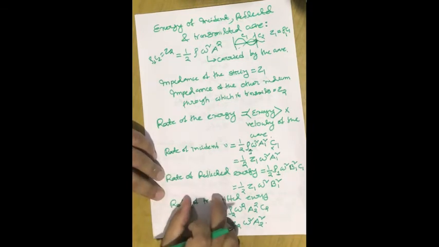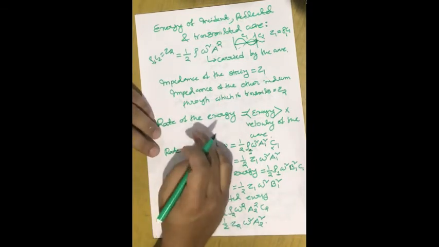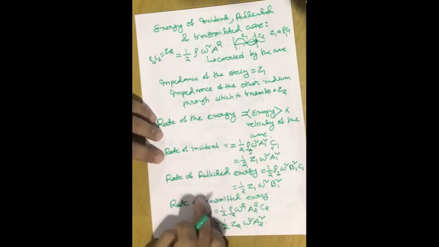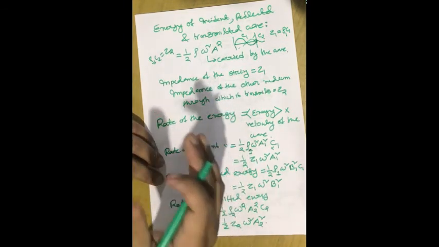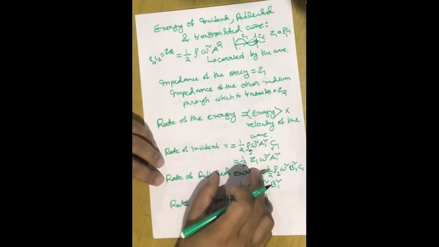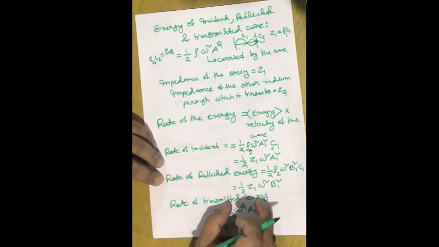Okay, so now according to the energy conservation principle, the incident energy must be equal to the reflected plus transmitted energy, because after all one part of the incident energy will be reflected and the other part will be transmitted.